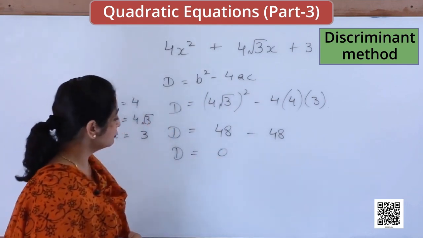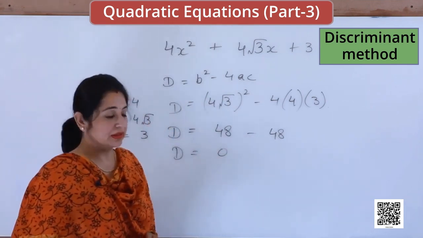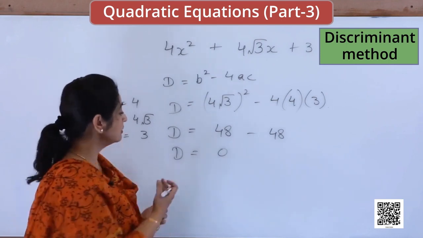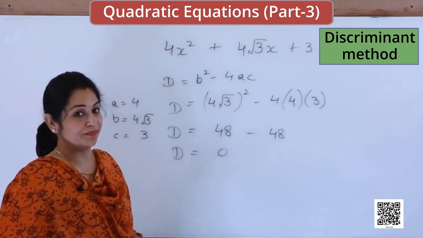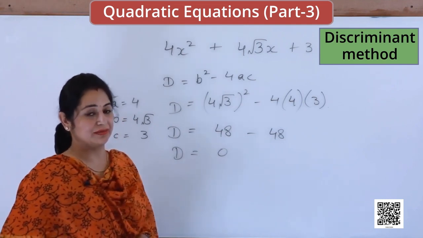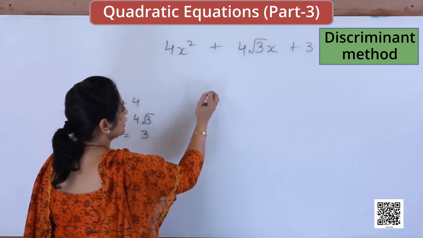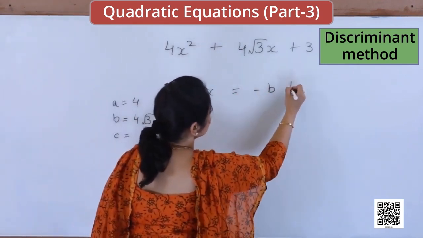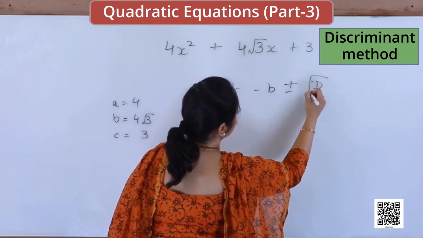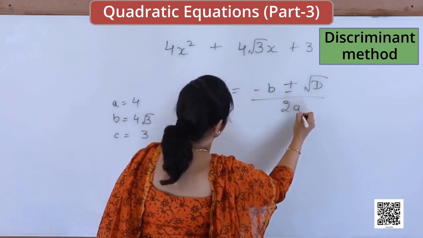Now we know that if the value of discriminant is a whole number, then we get two roots. Here it is 0, that is a whole number. So again we will get two roots. Let's see what kind of roots we get here. So for that, the formula is minus b plus minus under root d upon 2a.